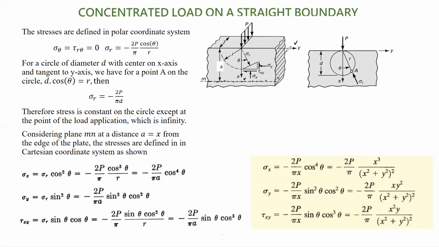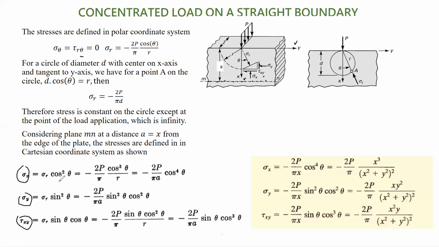I want to convert sigma r and sigma theta to Cartesian components. So r, theta is given. I want to calculate sigma x, sigma y, and tau xy. The transformation is a simple rotation by the angle of theta.